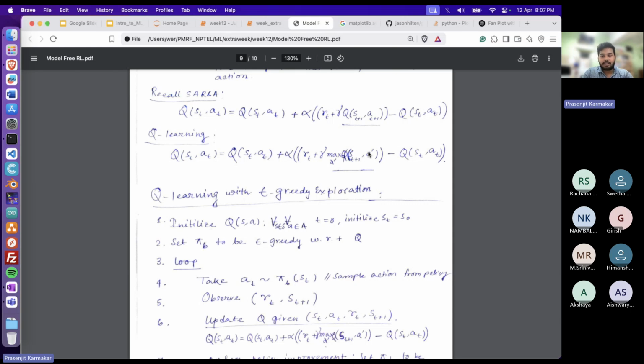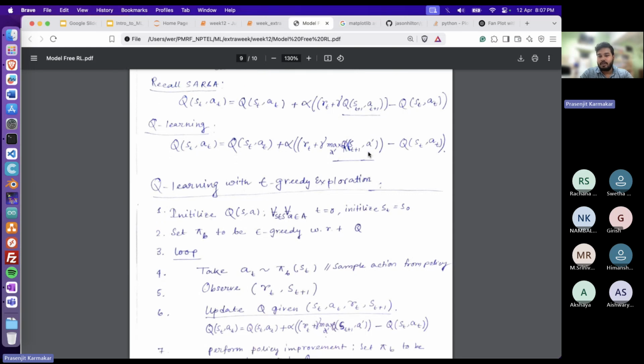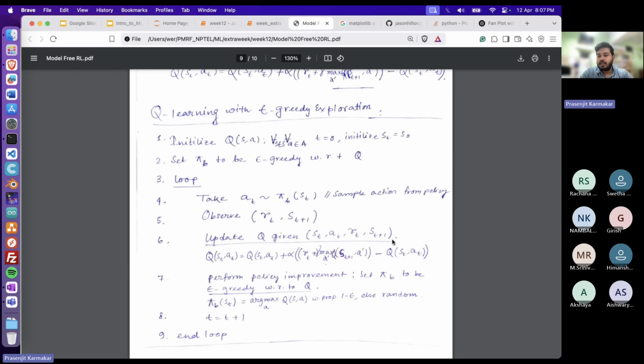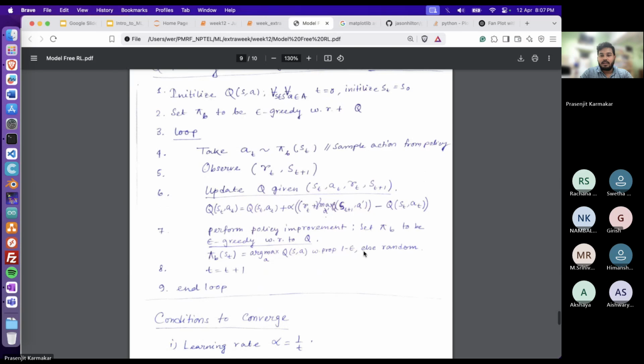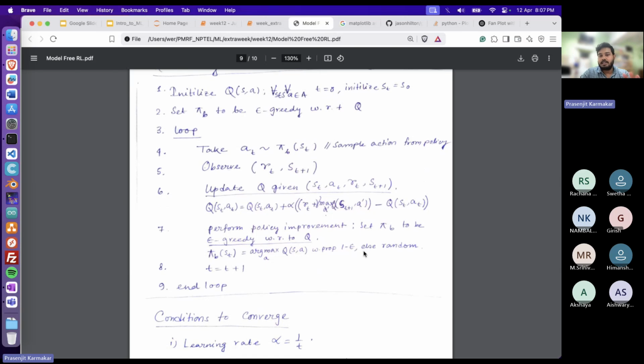I will take the best action. That's the Q-learning algorithm. Everything else is the same. Only now you don't need to take A prime. Rather, you take the maximum Q value at the next state. Or you can also say take the best action, then do Q of S prime, best action. And everything else is exactly the same.